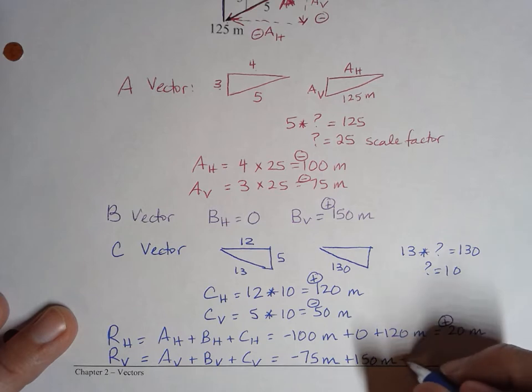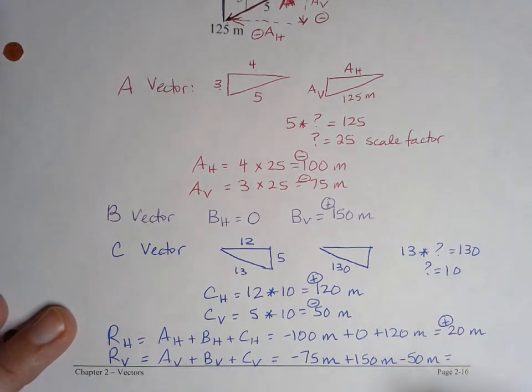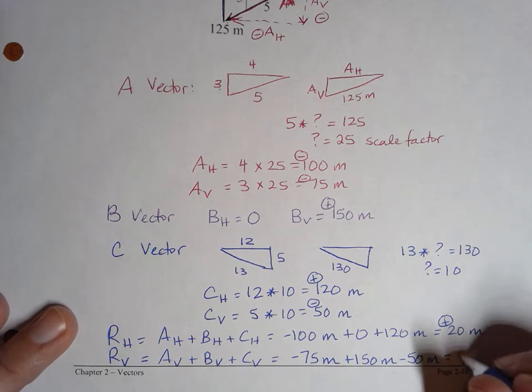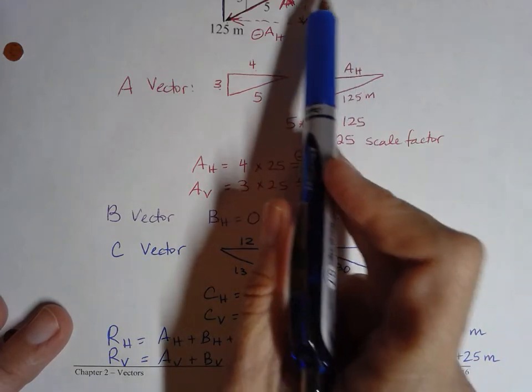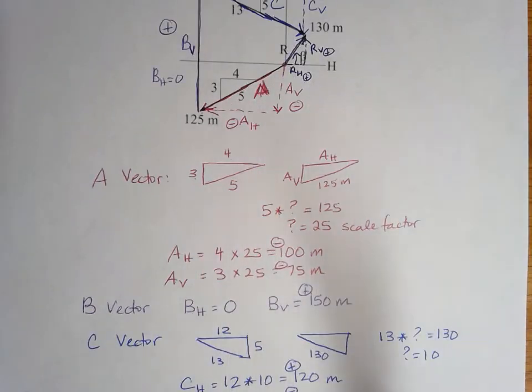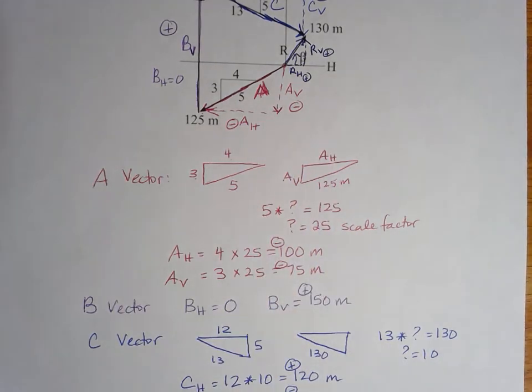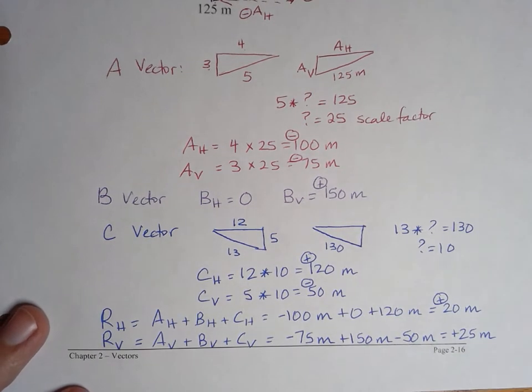And CV the negative 50 meters. So when I resolve all of that, I wind up with a positive 25 meters. And that seems about right too. About almost the same size there, those two components. I mean, you could draw this to scale and really figure it out, but you get a little bit of an idea there. All right, so let's go ahead and find that resultant.